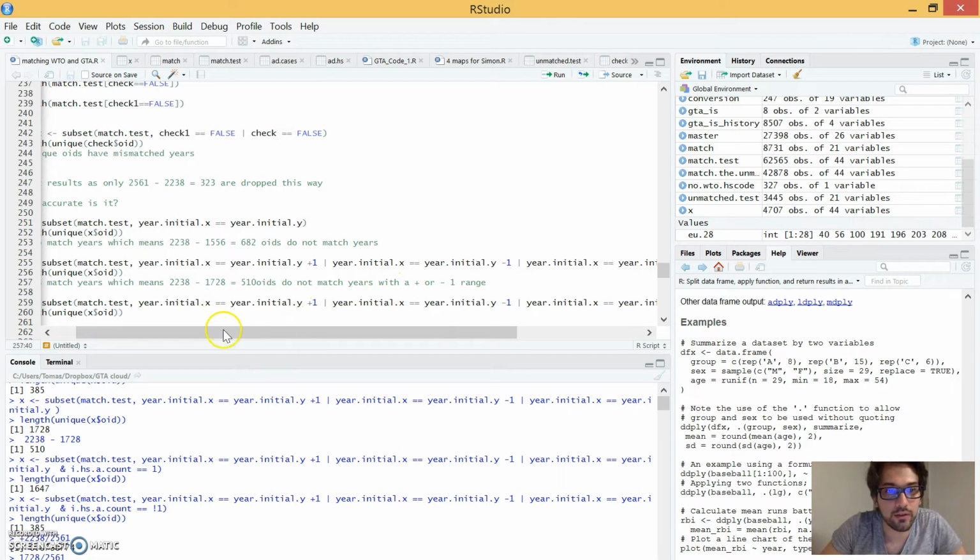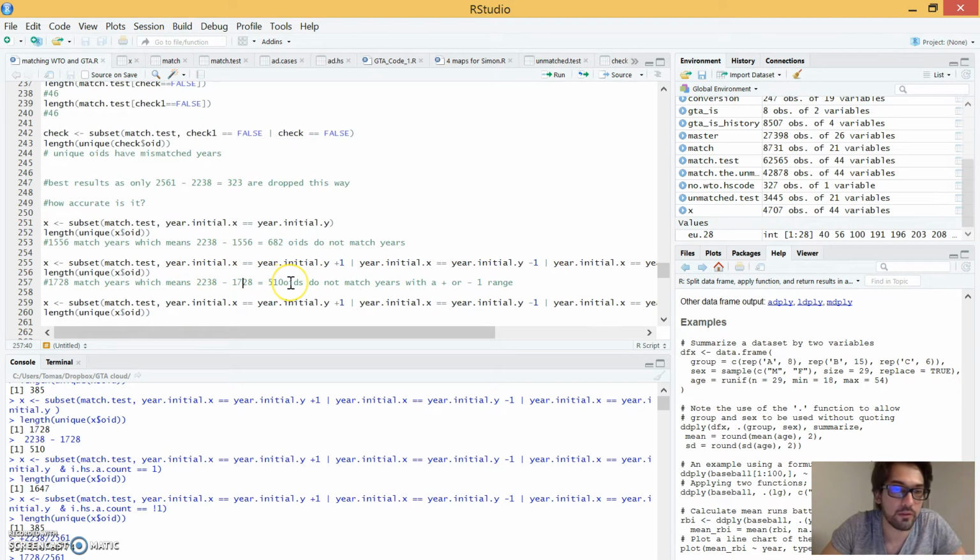Interventions could happen in late December or beginning of January, or have things like 6 months delays, so there could be a fair amount of them. I found that things within a 1 year range, which I think is reasonable, we get 1,728 matches.